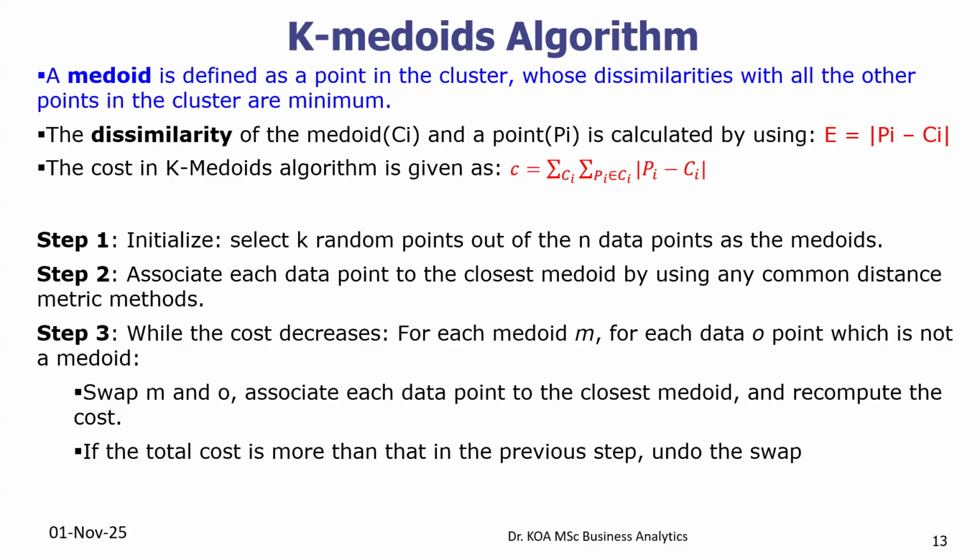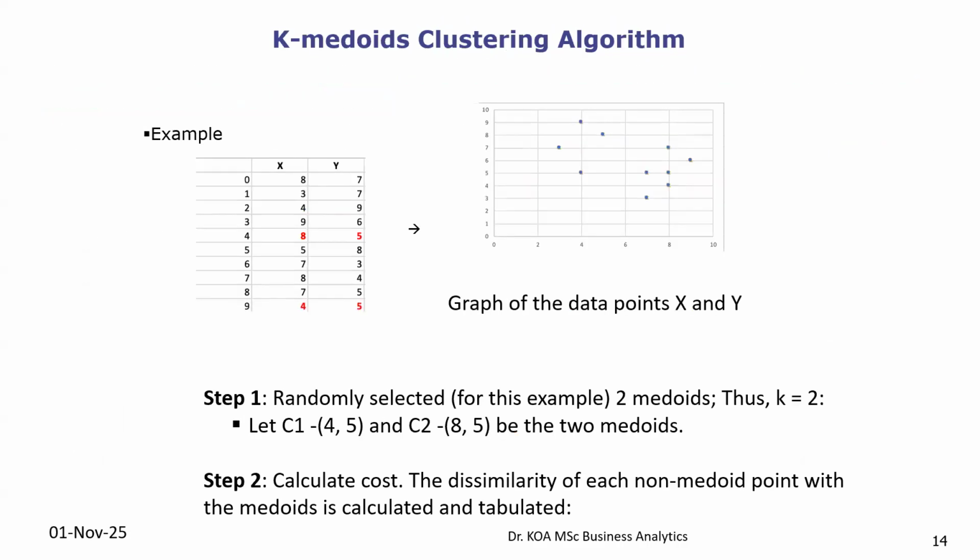As you are doing that, you are reducing the cost. In other words, for each medoid m and each data point, you reduce the cost, and then you swap them. You swap the medoid, associate each data point to the closest medoid, and then recompute. At the end of the day, if the total cost is more than the previous step, then you undo the swap that you did initially.